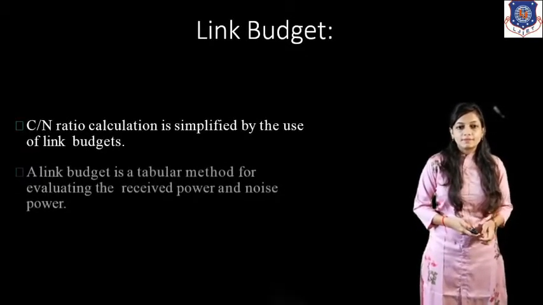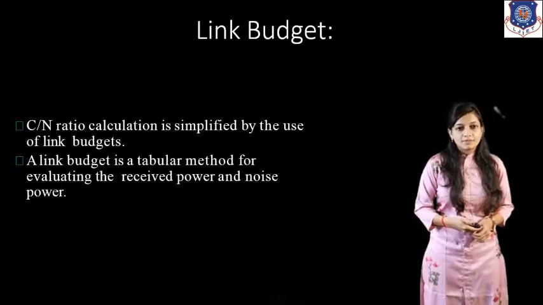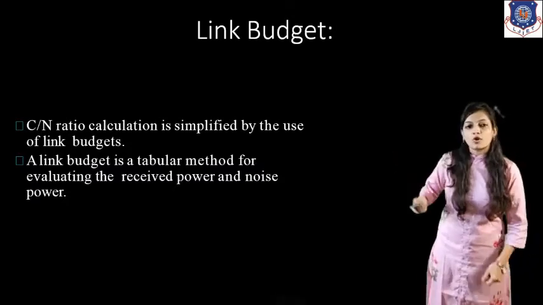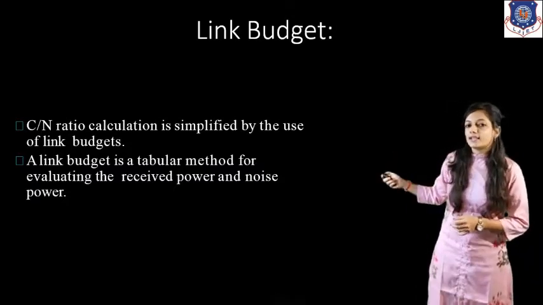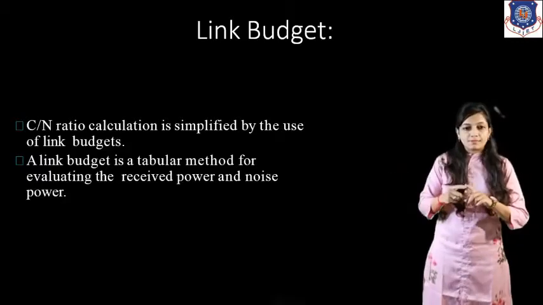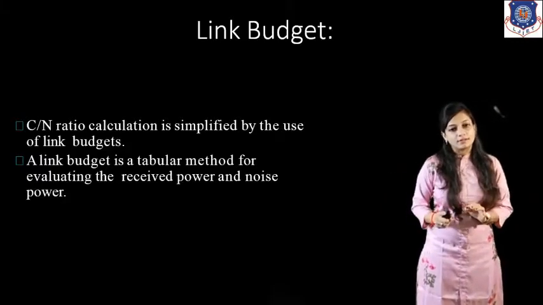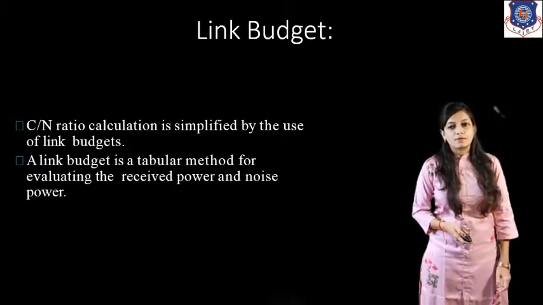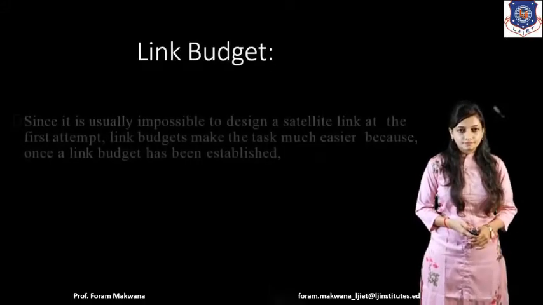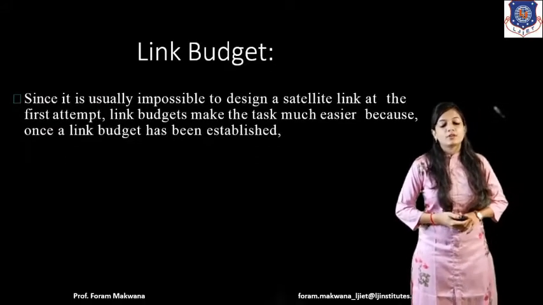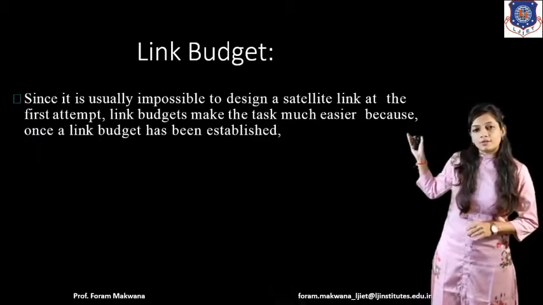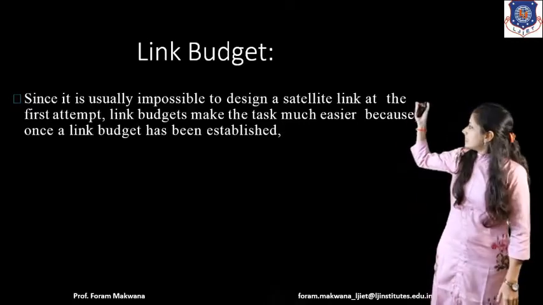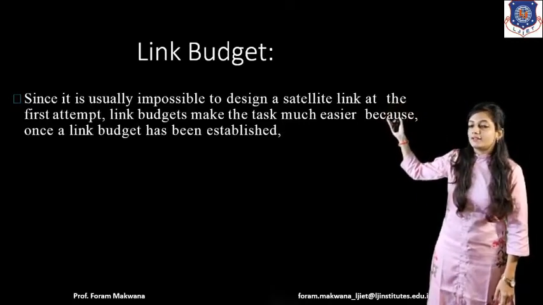For the link budget, the carrier to noise ratio calculation is simplified by the use of a link budget. And second, a link budget should be presented in tabular form. Why? Because it is easy for evaluating the received power and the noise power. As we design a link, we need to consider different parameters, and it is impossible to design a satellite link at the first attempt.